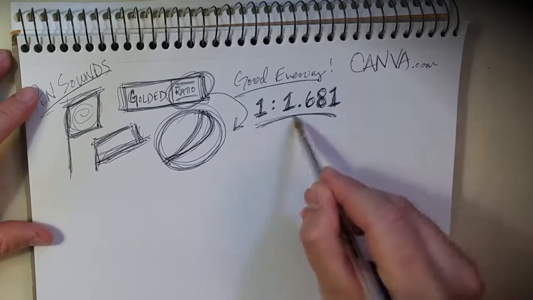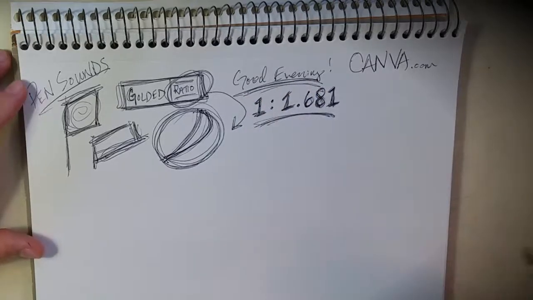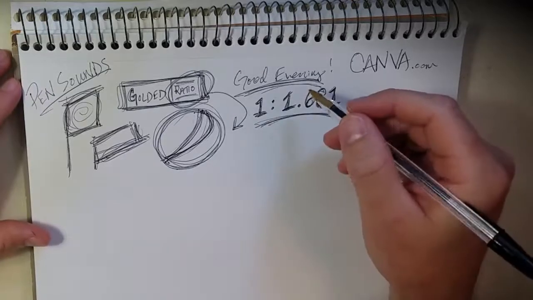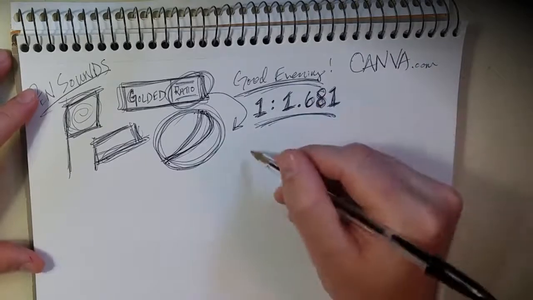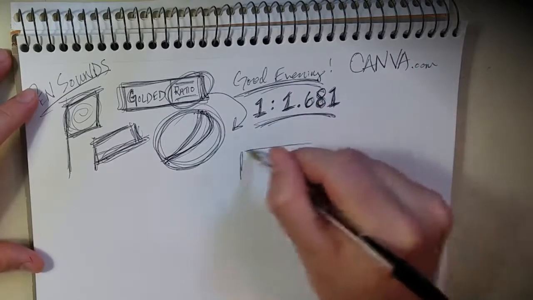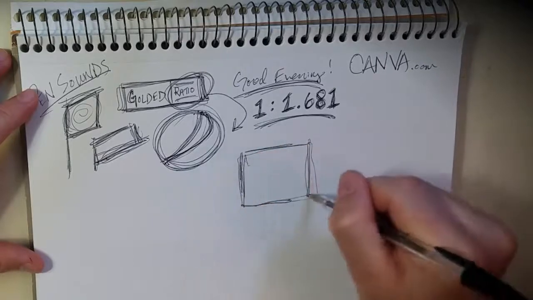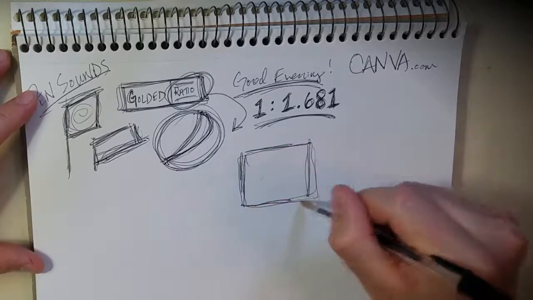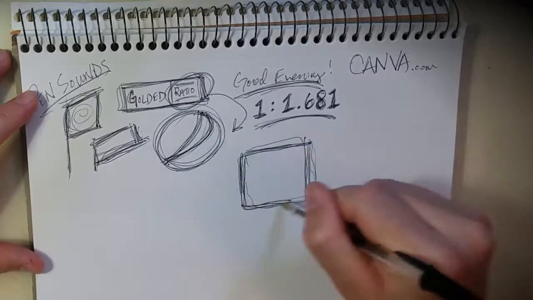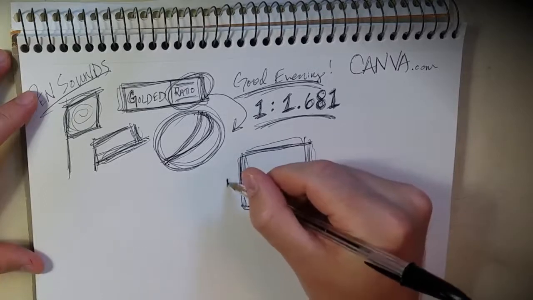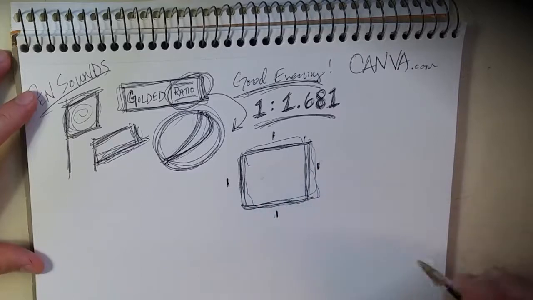So that is the golden ratio. Let's pretend we have a box, and all these sides are equal length.